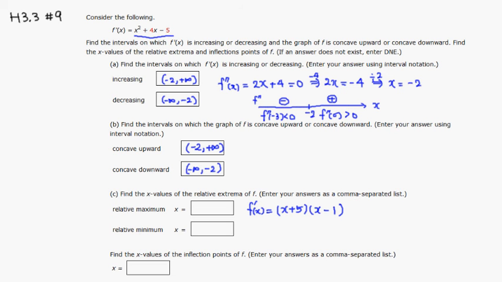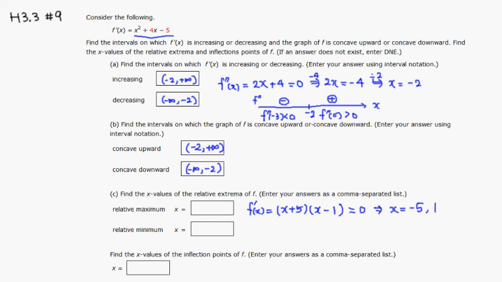We set that equal to 0 to find the critical numbers. So x equals negative 5 and positive 1.